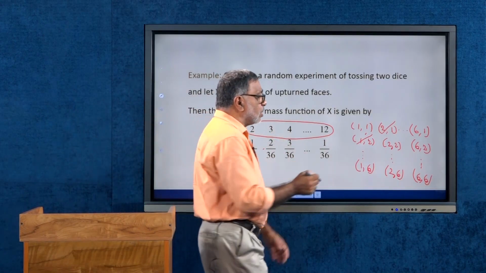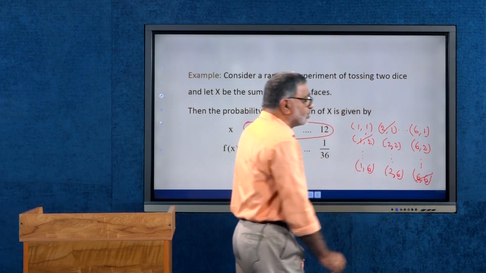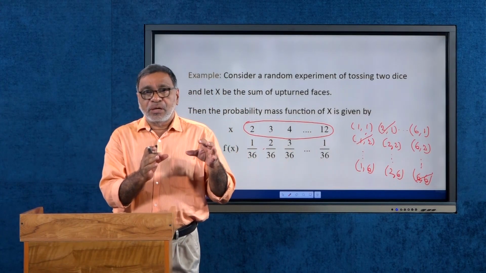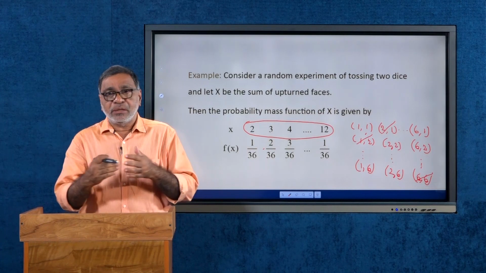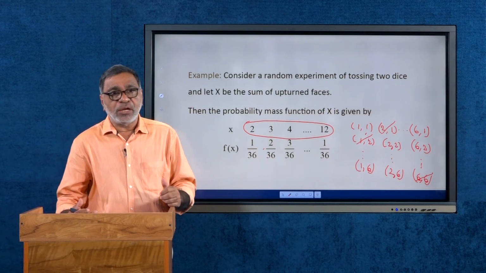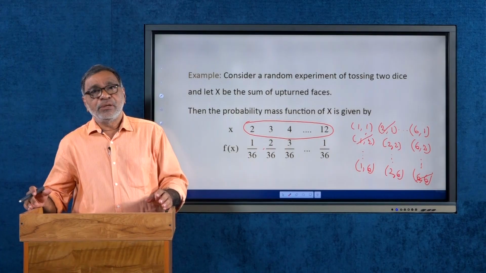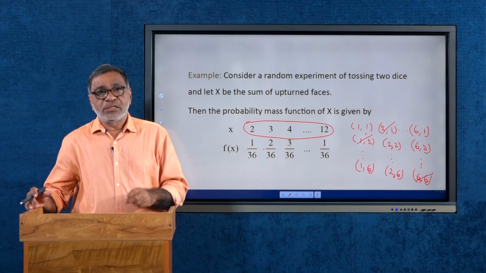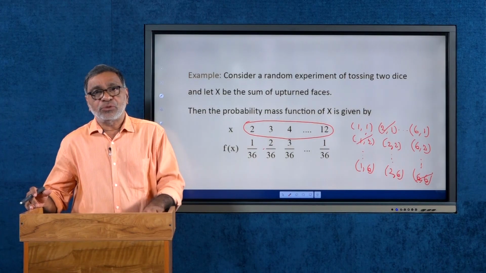There is only one favorable case, that is 6 6. So, 1 divided by 36. So, the collection of random variable values and the corresponding probability mass function values gives us the probability mass function of the discrete random variable x, which is defined as the sum of faces when we are throwing two dice.